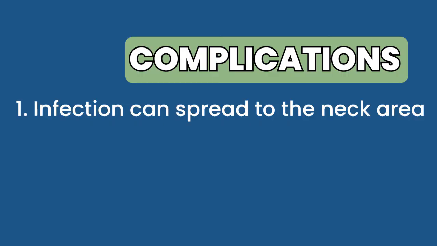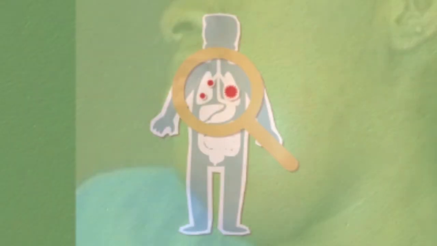If it is on the lower side, the infection can gently spread to the neck, causing a serious condition that we normally refer to as Ludwig's angina, and this is a life-threatening condition because it tends to block the airway.